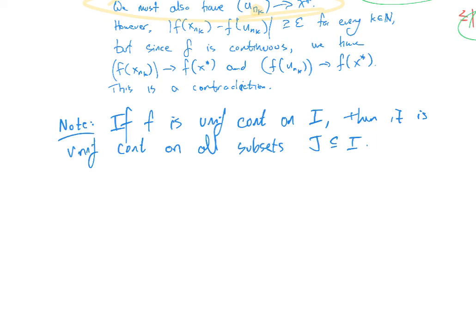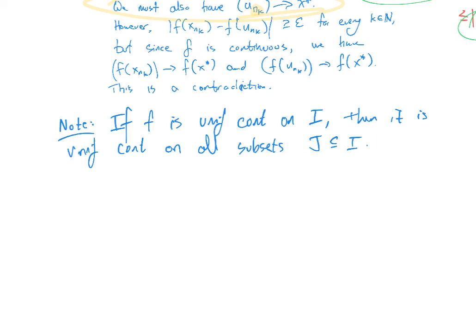Why is that true? Well, you just go look at the definition. It's clear that if you're uniformly continuous on a superset, then the same holds on a subset. So I guess I should say you also get all these functions that are uniformly continuous because the domain is contained in a closed and bounded interval on which they are continuous.